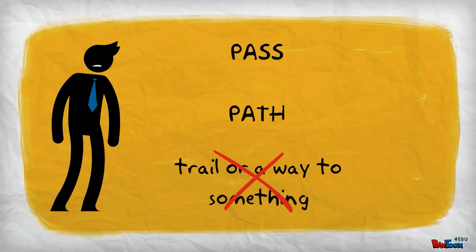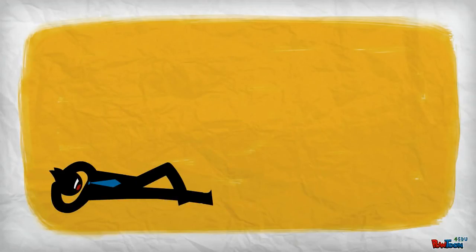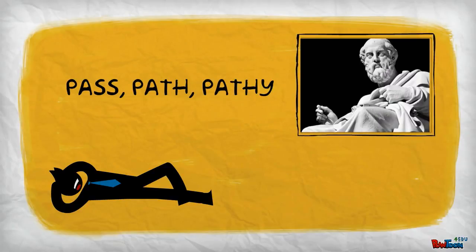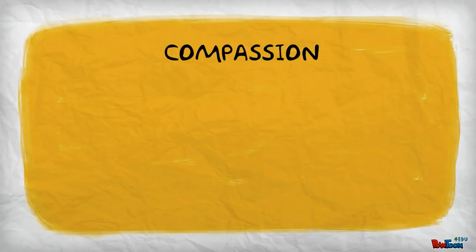Path in this sense does not mean a trail or a way to something. That actually comes from the German. No, pass and path in this case come from the Greek, meaning feelings. And we'll have to combine our knowledge of other word roots to come up with new words. For example, compassion means having feelings for other people's suffering. And you usually want to help that person.